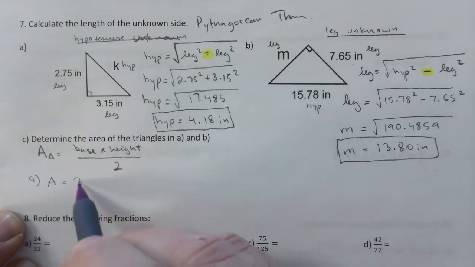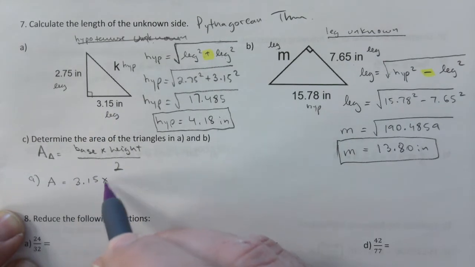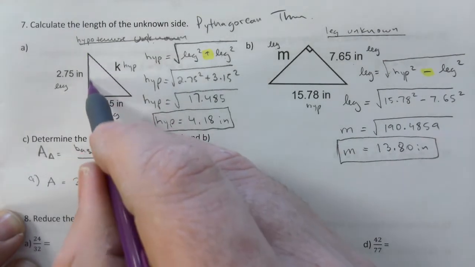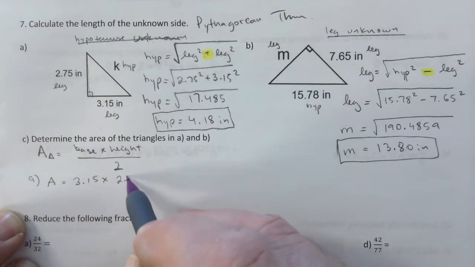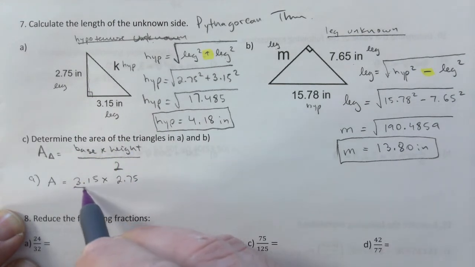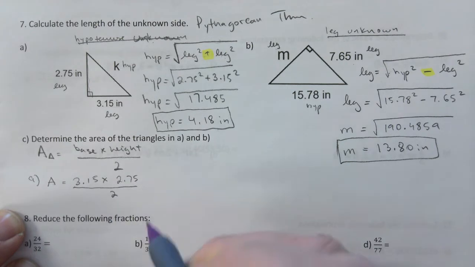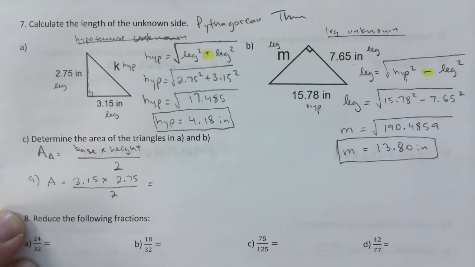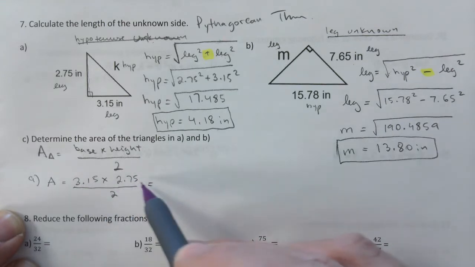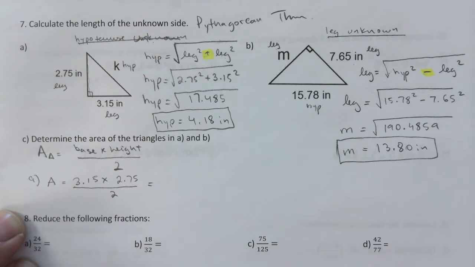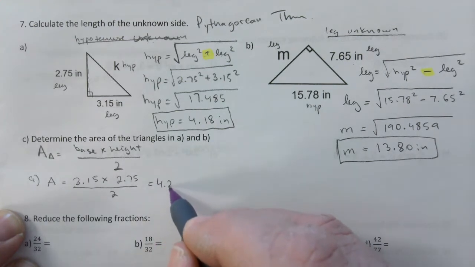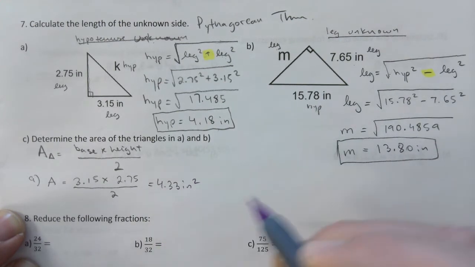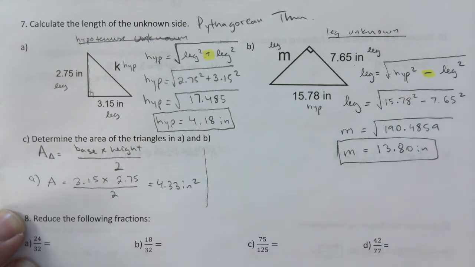This is your base, 315, times the height happens to be one of the sides of the triangle, divided by 2. So you go 315, multiply 275. I usually go equals after I do this part, and then I divide by 2. So that's 4.33 squared inches. Okay.